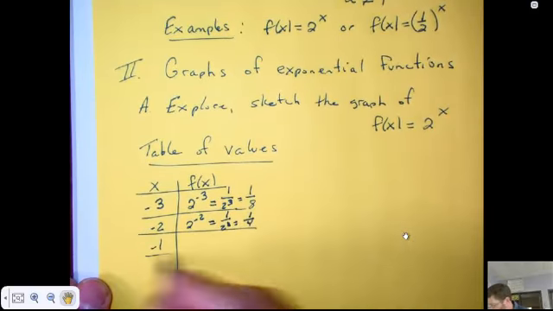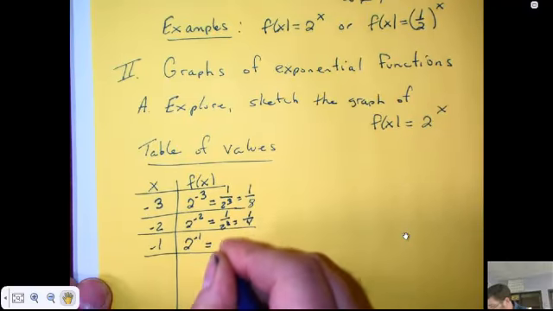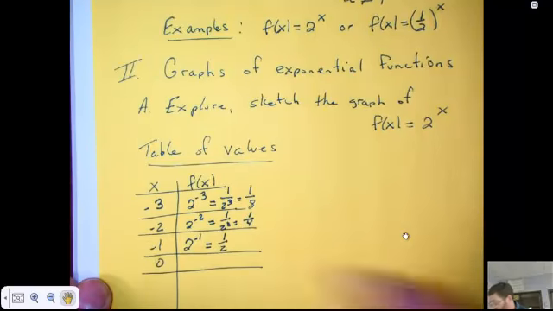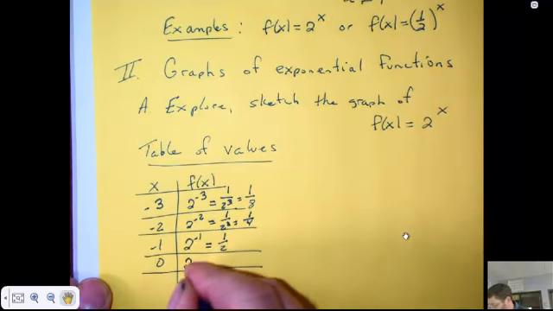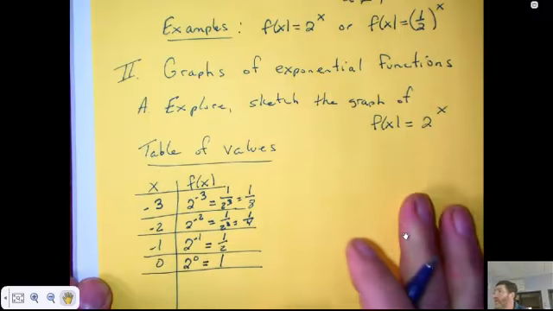-1 is 2 to the -1, so that's going to be 1/2. 0: anything to the 0 power is 1.